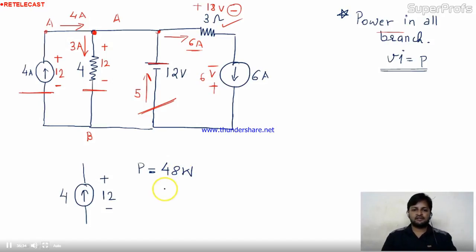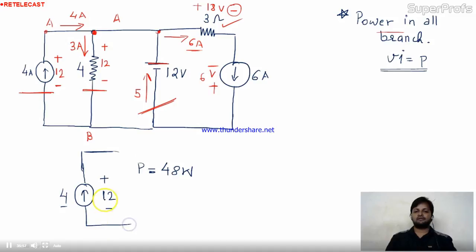Now we discussed already that power is always of two types, delivered power and absorbed power. So is this power absorbed power or delivered power? Tell me. See the direction of current. If instead of this 4 ampere source you had only a 12 volt battery, what would be the direction of current? Tell me.